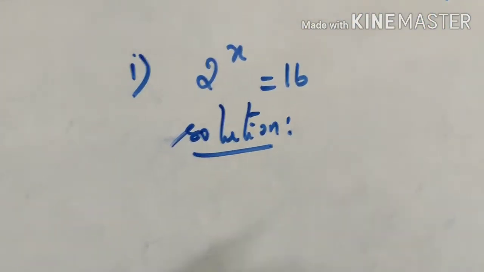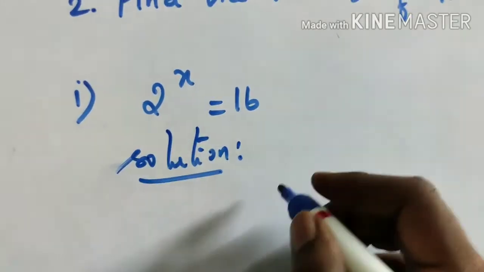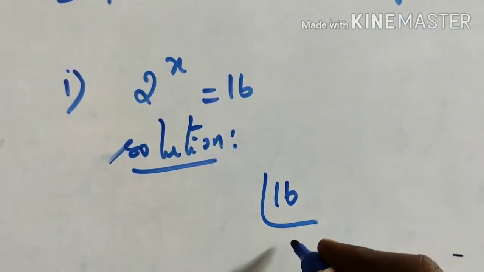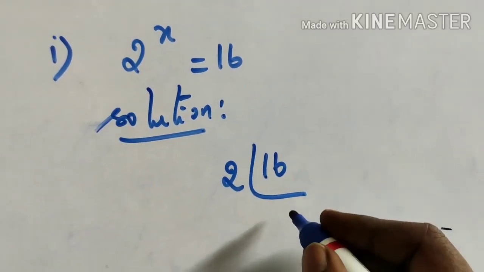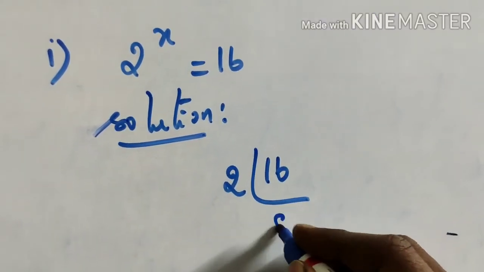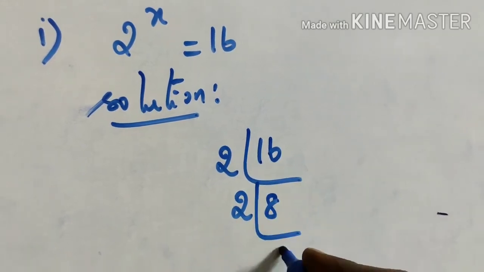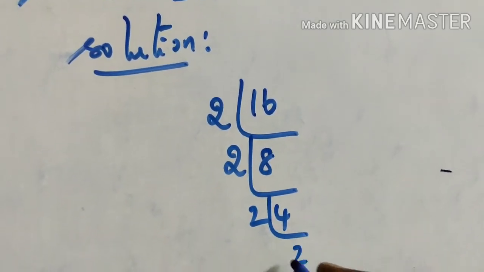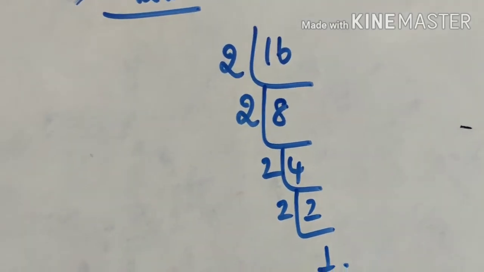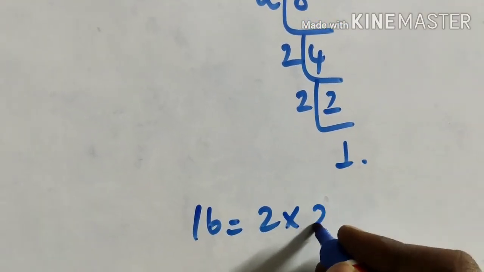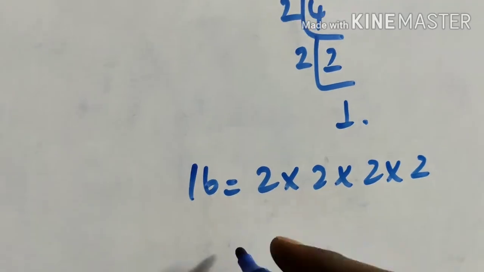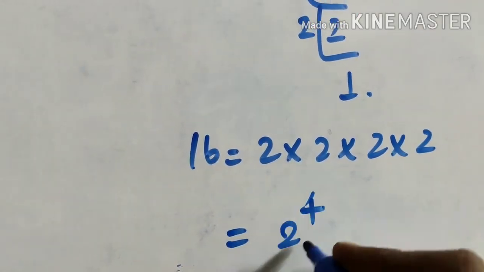This is the rule. So first we have to prime factorize 16. If you divide by 2 you get 8, again if you divide by 2 you get 4. If you divide by 2 you get 2. If you divide by 2 you get 1. Now 16 can be written as 2 into 2 into 2 into 2, and this can be written as 2 to the power of 4.